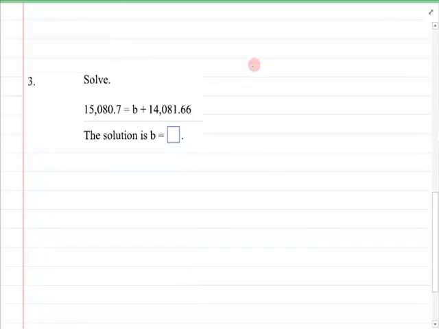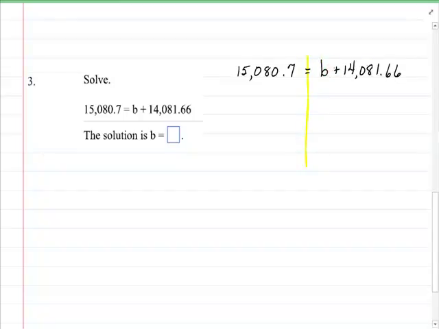I have large numbers here. I have 15,080 and 7/10 is equal to letter B plus 14,081 and 66 hundredths. All right, looking at this, here's my barrier again. This time the variable is on the right hand side.